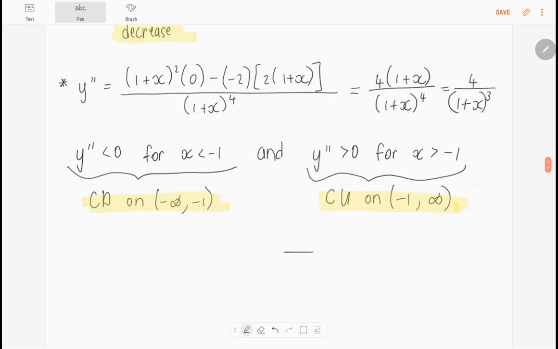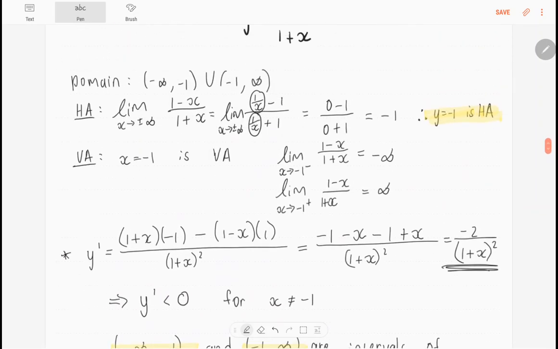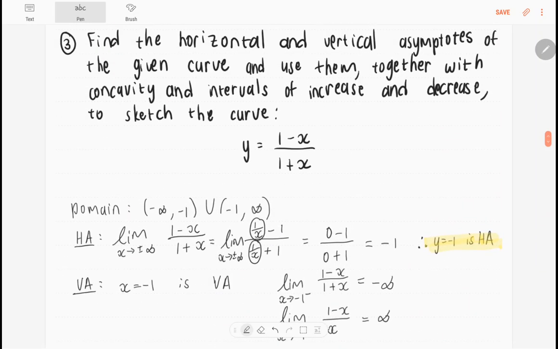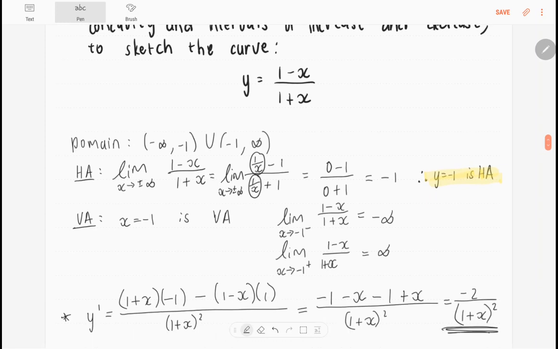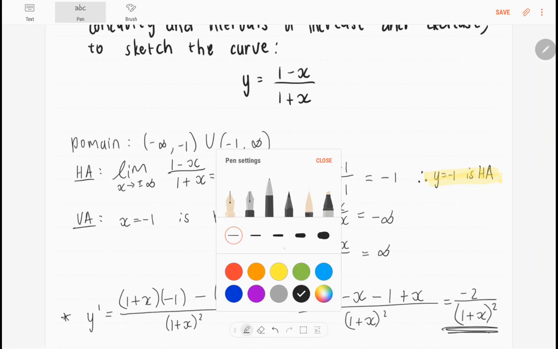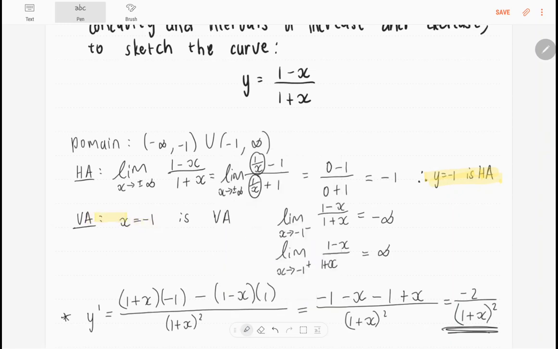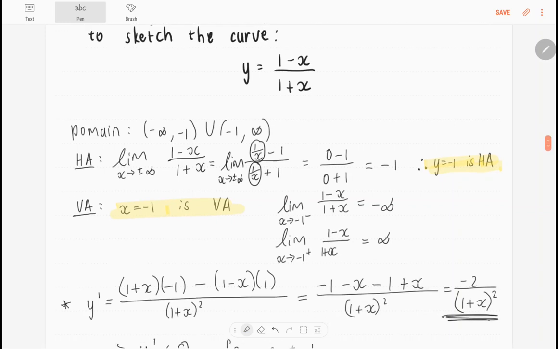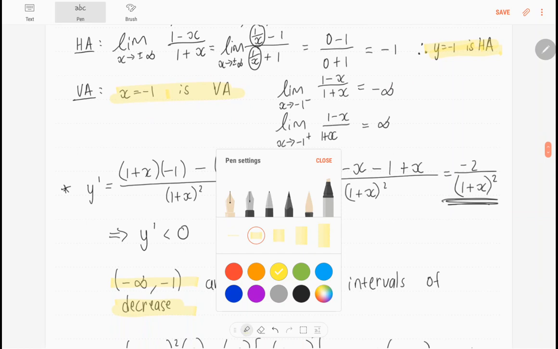So I'm firstly going to start off simply by drawing in my asymptotes. So I said that I have a horizontal asymptote when y equals minus 1. And I also said I have a vertical asymptote when x equals minus 1. So let's draw those two in.